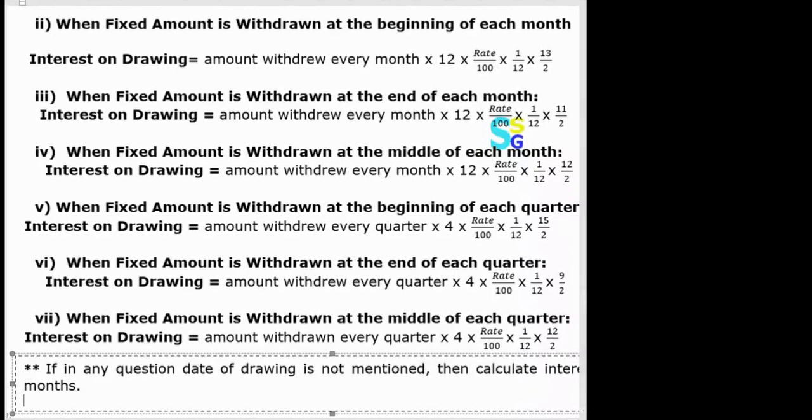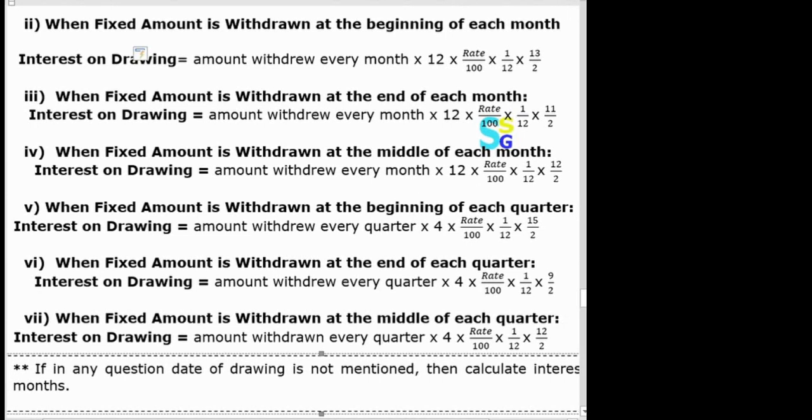Just see in this calendar, the whole year has been divided into four parts, and each of such parts is known as a quarter. Now, what is the condition here? If the amount is withdrawn at the beginning of each quarter, let us see how it will come.